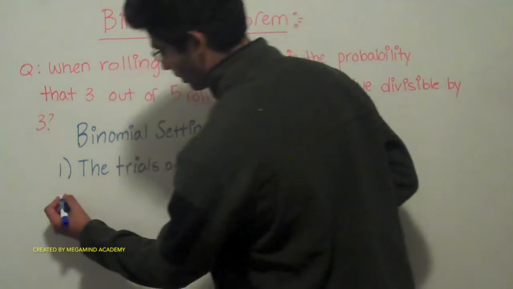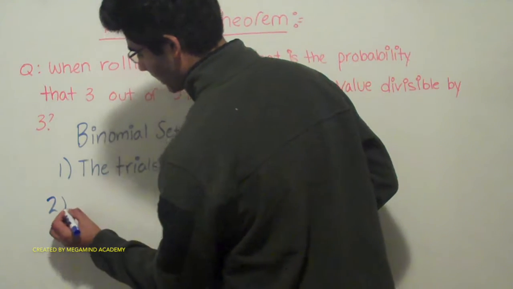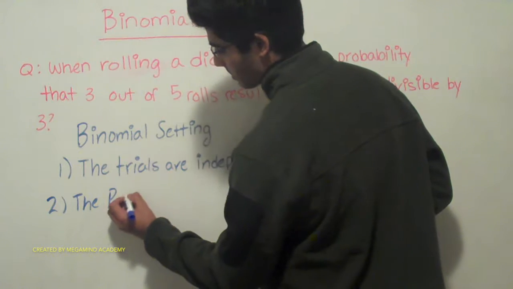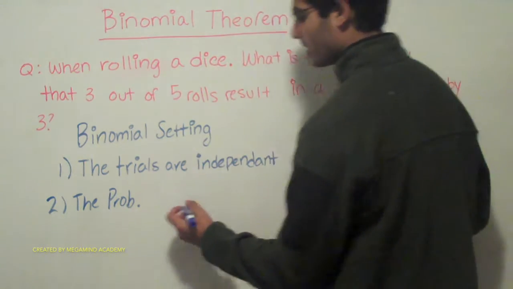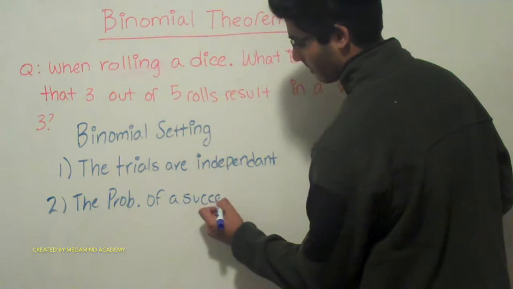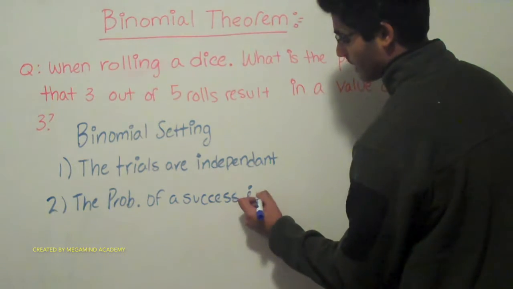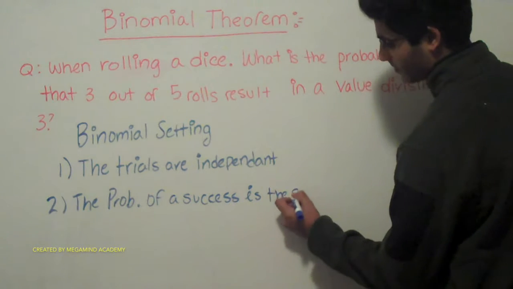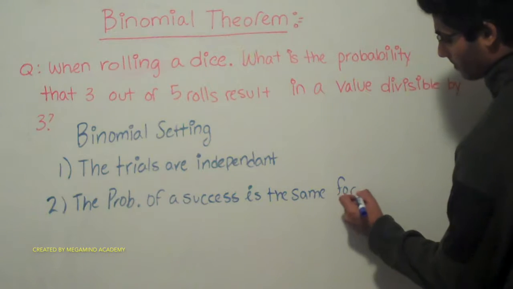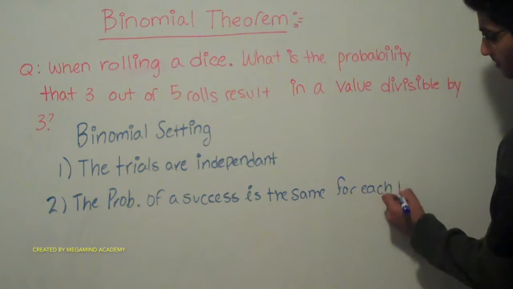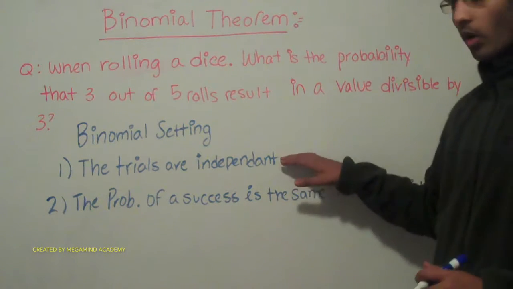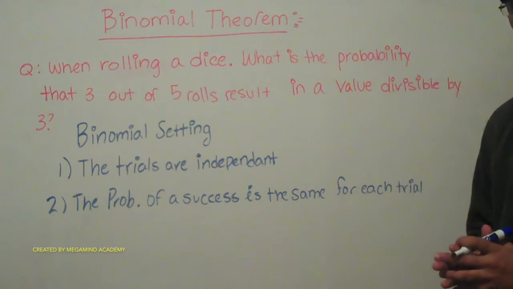The next condition is that the probability, and I'm just going to say prob for short, the probability of a success is the same for each trial. So once again, this condition and the first condition are very similar.